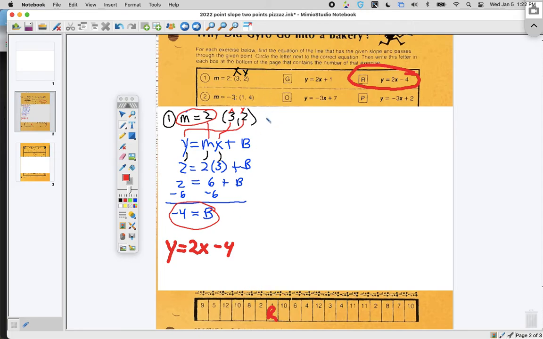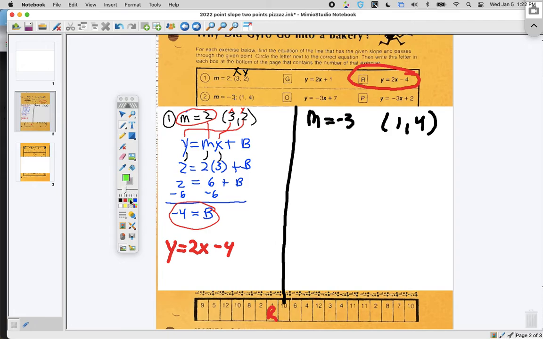Okay, I'm just going to do the second one fairly quickly. It's kind of the same problem, so just bear with me as I quickly do this. M equals -3. My ordered pair is 1, 4. So I'm going to do this much faster. Use your y equals mx plus b and fill in the 3 items that we know. Here's x, here's y.